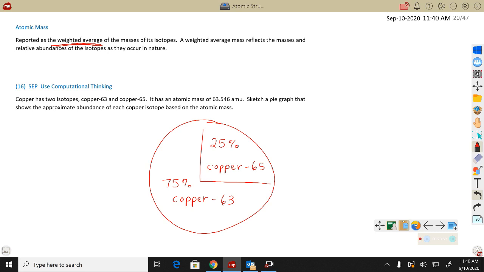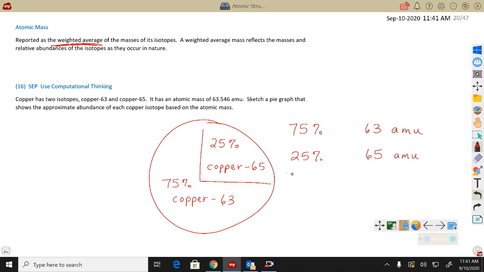And the way you can check this is to do the calculation. So if I said 75% of all the isotopes have a mass of 63 AMUs, and 25%, I'm just estimating, have a mass of about 65.